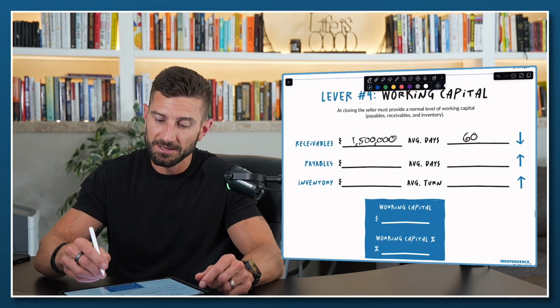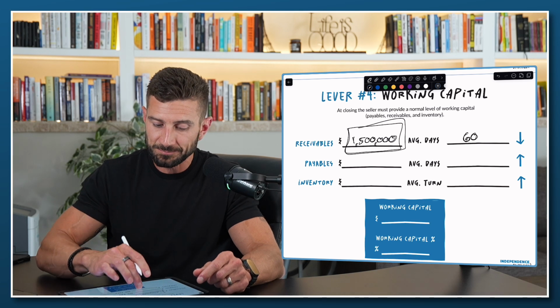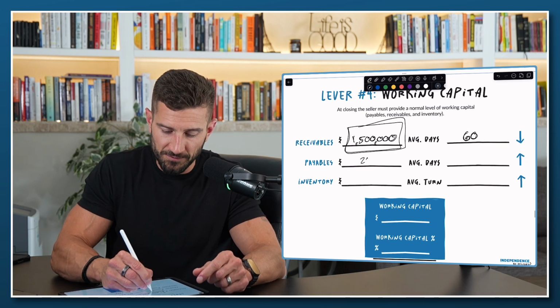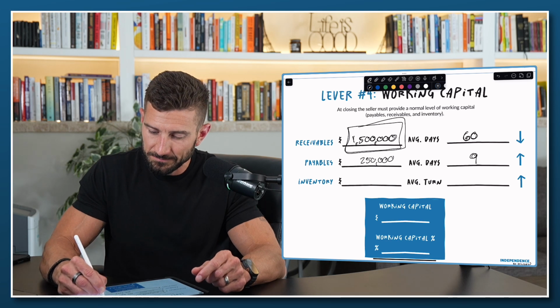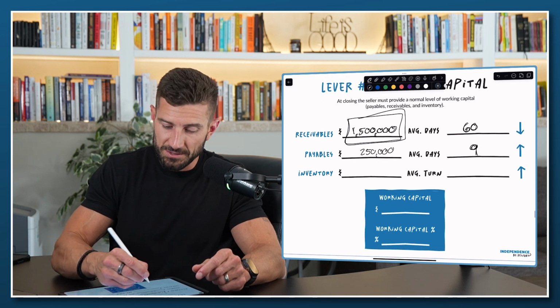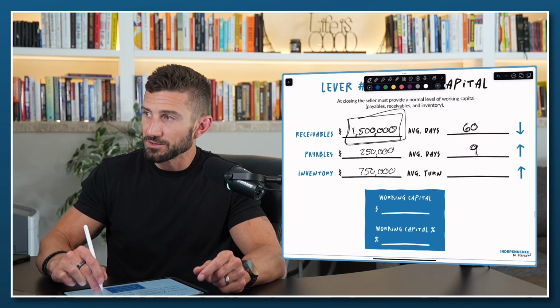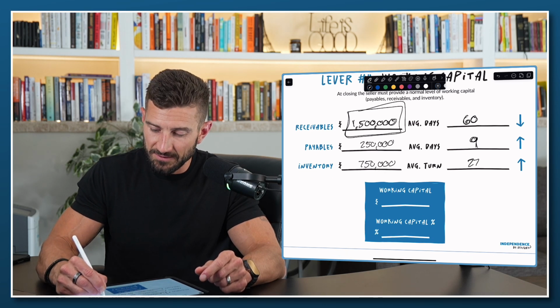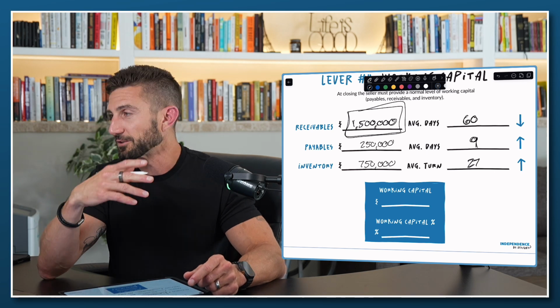So let's say we collect that in 60 days, which has an average of $1.5 million outstanding. Let's say payables is $250,000, and we pay those on average in 9 days. And then inventory is $750,000, and we turn that on average 27 times a year. That's a fast cycle.